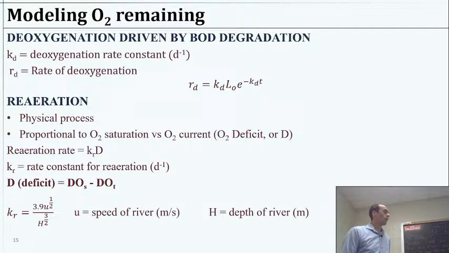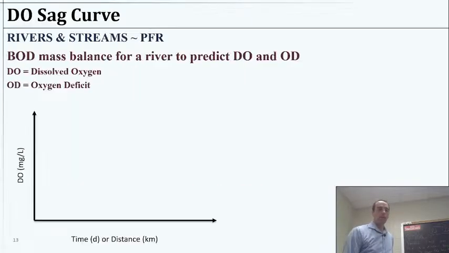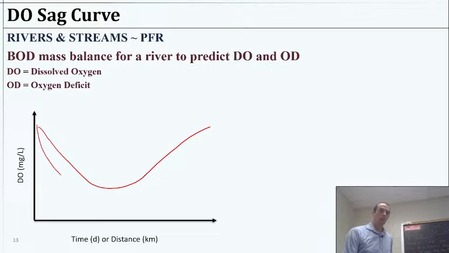Right, so if we go back to the moments where we were looking at the oxygen sag curve compared to the substrate removal, we'll notice that the rate at which we are getting reaeration starts slow and then increases over time, and then as we're getting closer back up to our deficit or to our saturation point, the rate of reaeration is slowing down again.